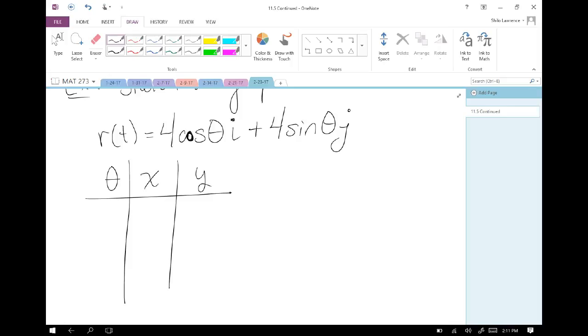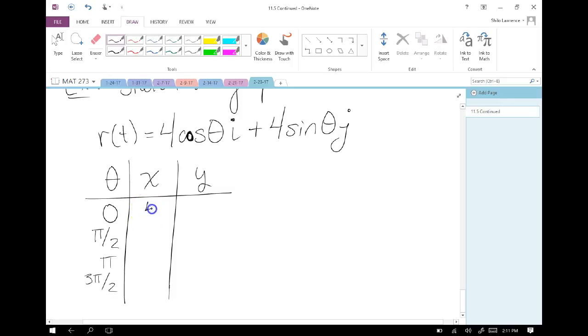So I'm just going to do multiples of pi over 2. So I'm going to start with 0 and do pi over 2, pi, 3 pi over 2. We'll see what that gets us so far. These are just unit circle values. And then there's a times 4 in the front. So for the x, we want cosine of 0.